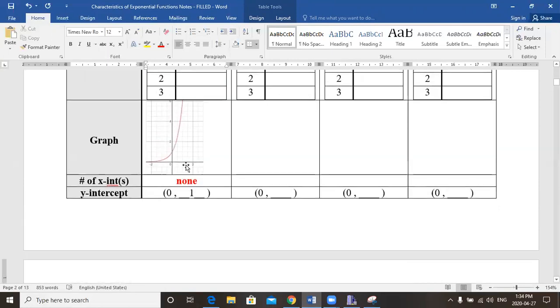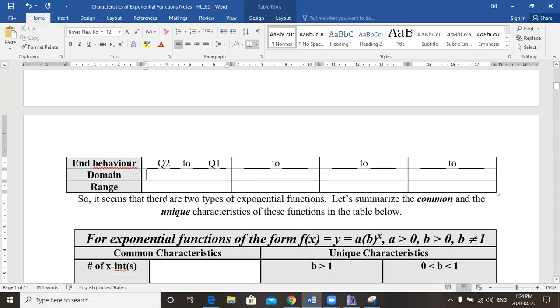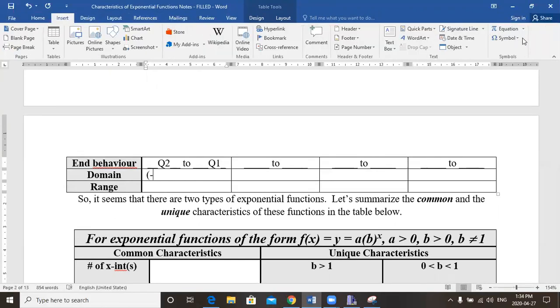The domain, as we can see back here in Desmos, the x is going to go from negative infinity to positive infinity. There is no restriction on the domain. So the domain would go from negative infinity to positive infinity.